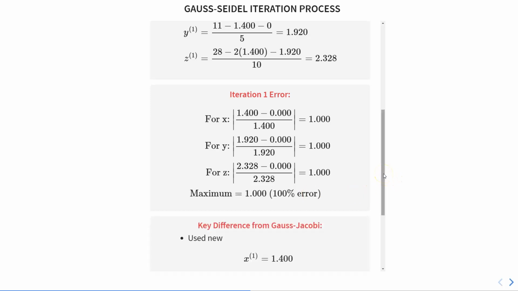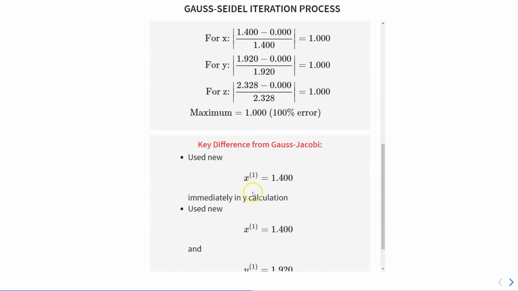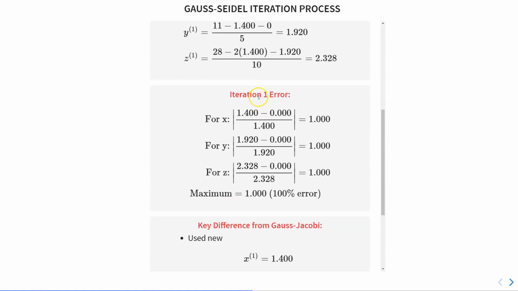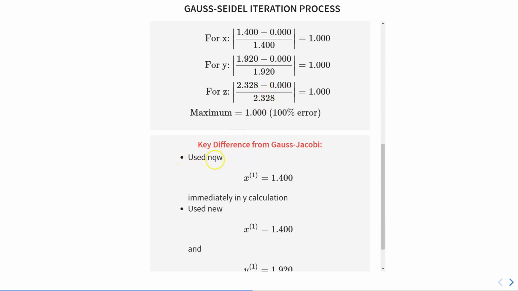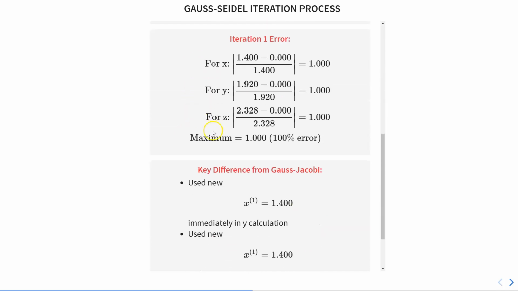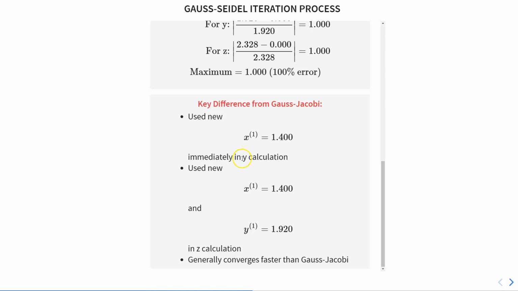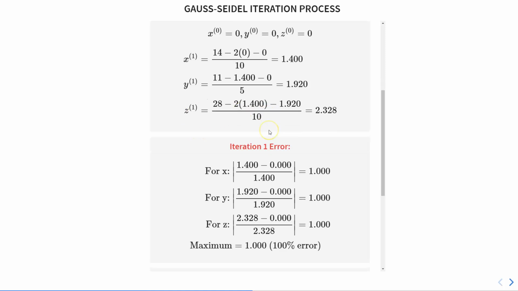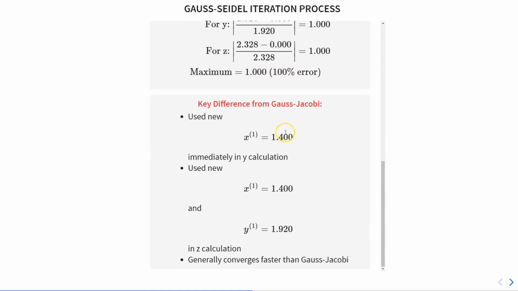Now remember the key difference from Gauss-Jacobi. Here we use the new x1. After calculating x1, I immediately use that value to calculate y. After getting x and y, I take the updated x and y values, put them in the third equation, and get the z value.